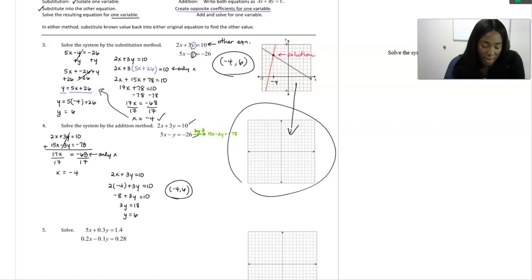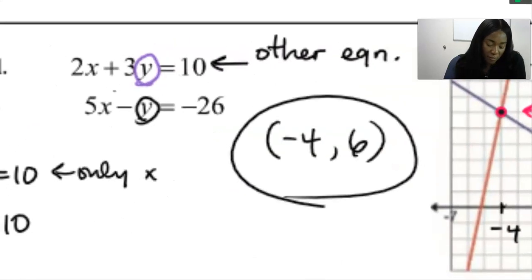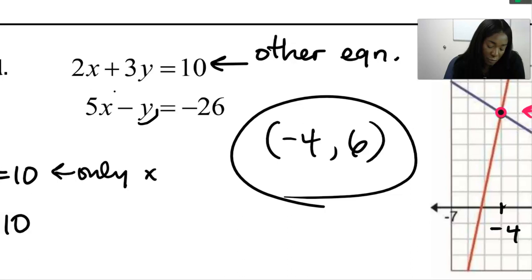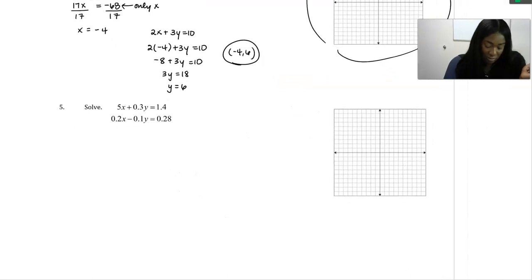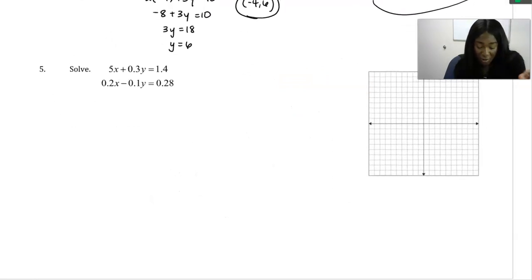One thing I will point out is typically, if I look at a system of equations and one of the coefficients of a variable is 1 or negative 1, I will probably try to do substitution because it would be really easy to solve for that y. If all of the variables have coefficients, like in example 5, I would probably not try substitution on a problem like that.